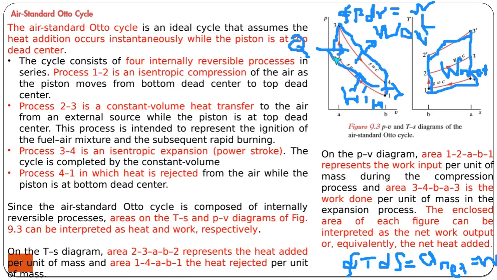At state 2, at the end of the compression process, the spark plug is energized and the mixture is ignited. The combustion is so fast that it takes place in a very short time, in which the volume remains the same. So that's why the combustion in the Otto cycle takes place at constant volume.